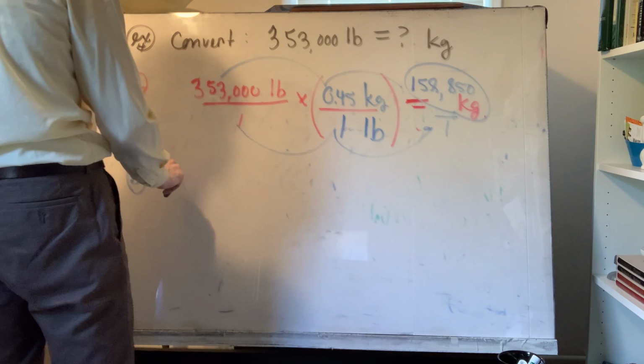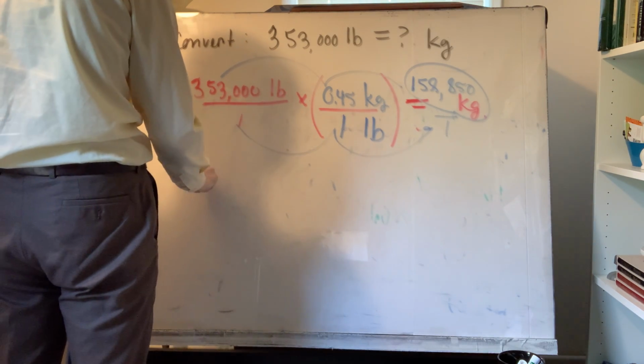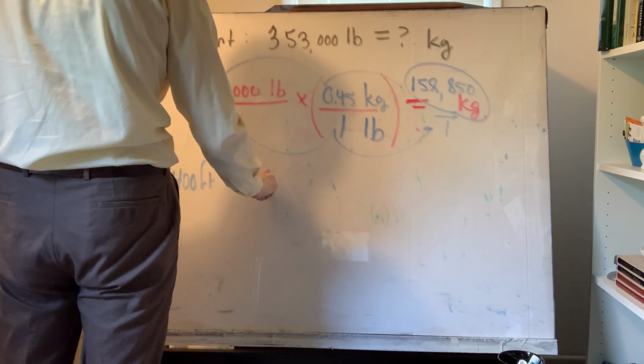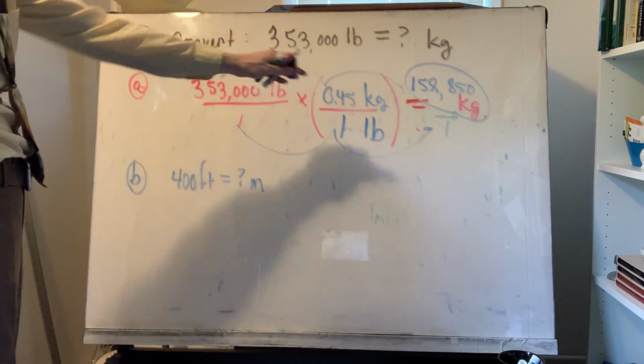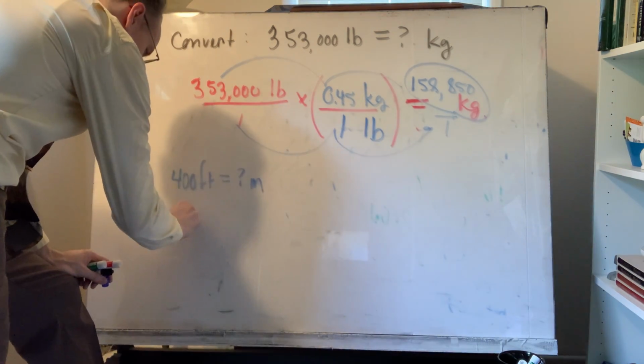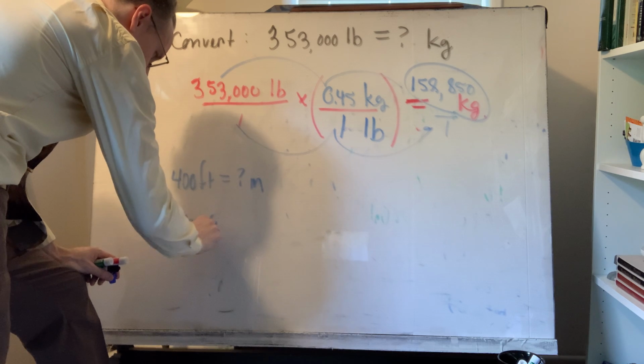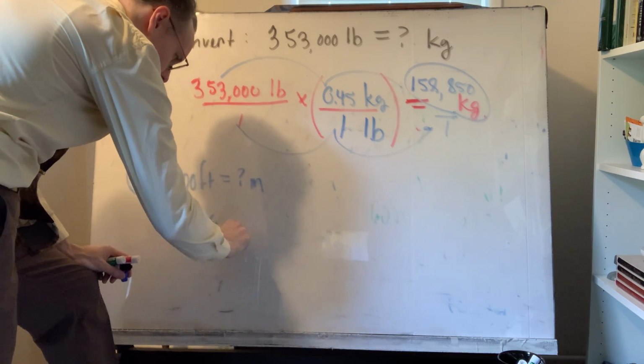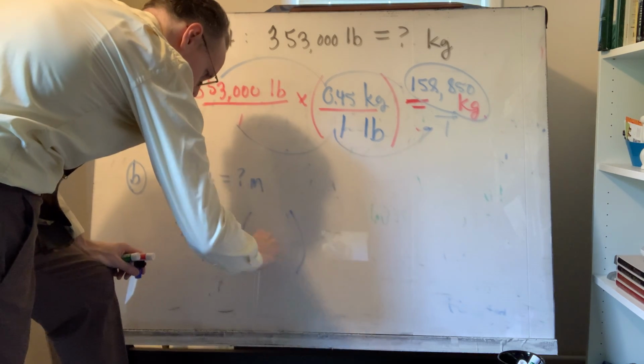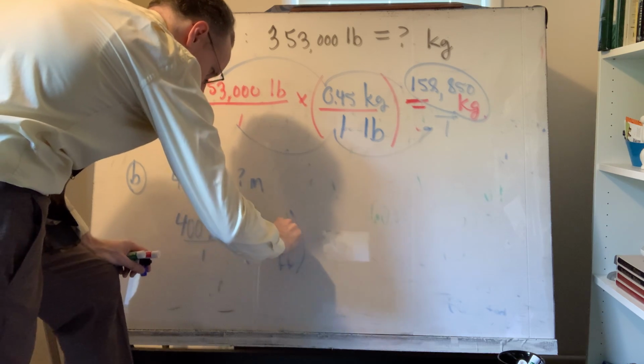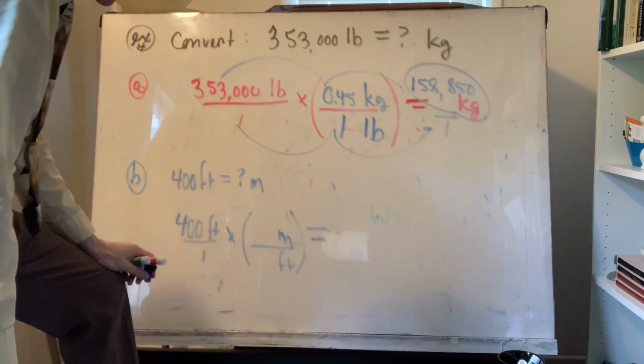Now, if you follow the subsequent parts of this, B asks you to convert feet to meters. 450 feet is equal to so many meters. 450 is what you're given, feet is what you have here. Can you convert so many feet to so many meters directly from the conversion factor choices?